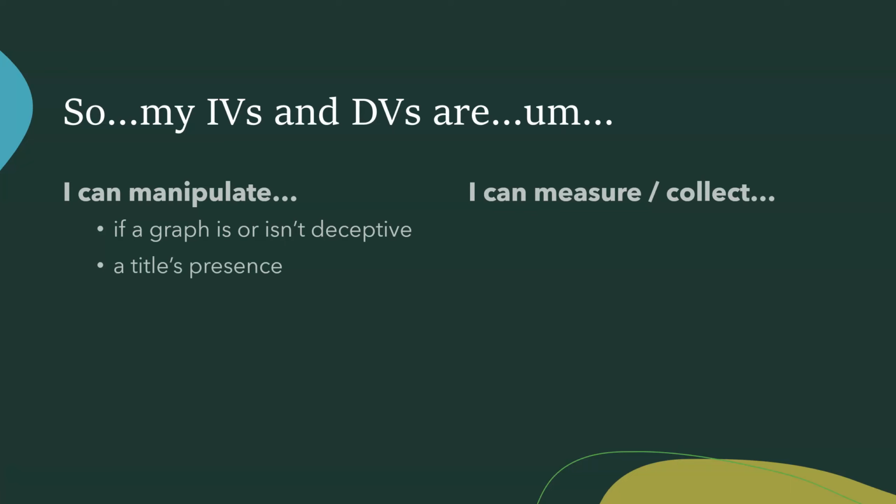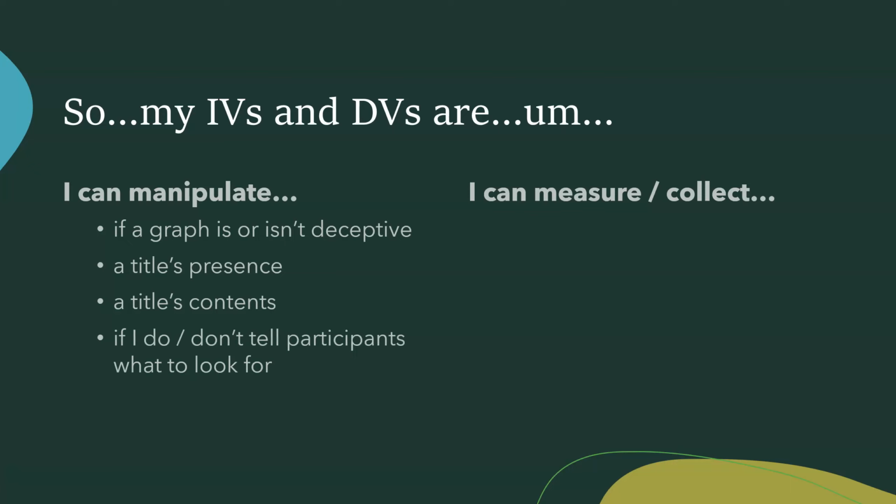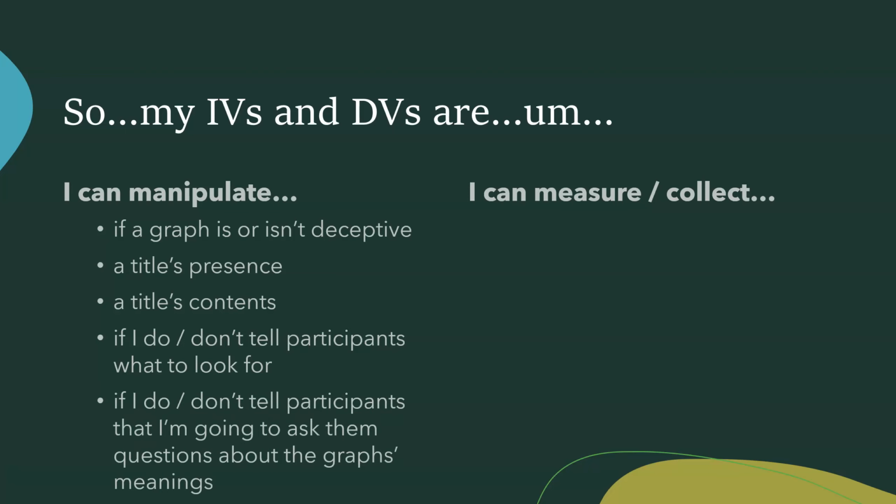Okay. I can put a title on, or I can leave a title off the graph. I can change the title's contents. I can make it really simple, or I can make it some sort of overblown and exciting thing. Maybe I can tell participants what to look for, or maybe I don't tell participants what to look for, or maybe I'm going to ask them questions about this.